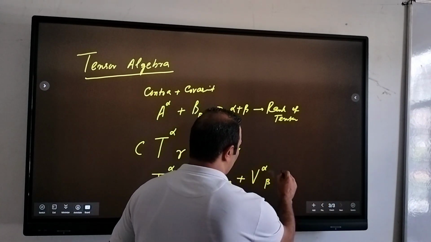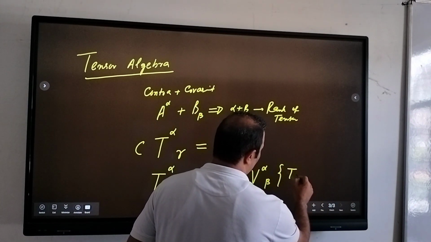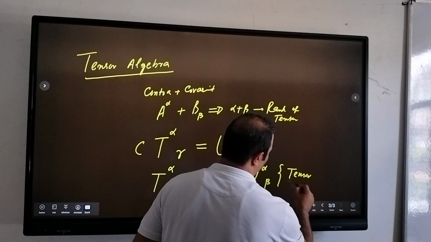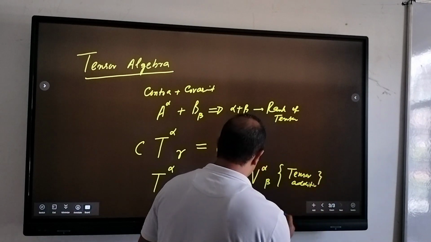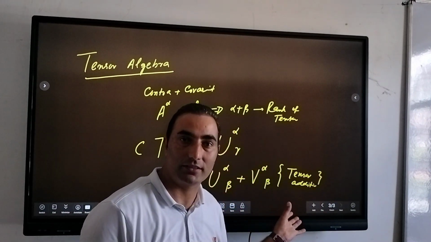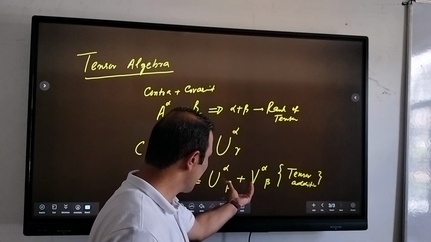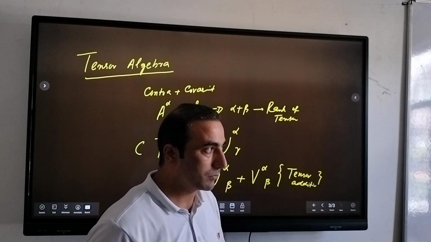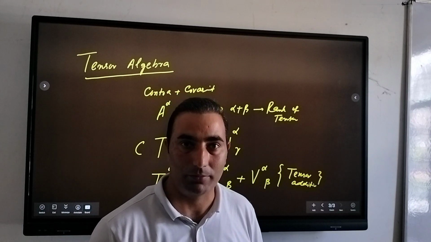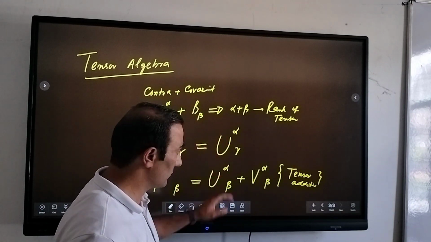So this is tensor addition. You can add these two tensors, but the rank remains the same. You are adding two tensors having the same rank and you are getting the same rank. So by adding tensors, the rank remains the same, and in multiplication that's also clear.